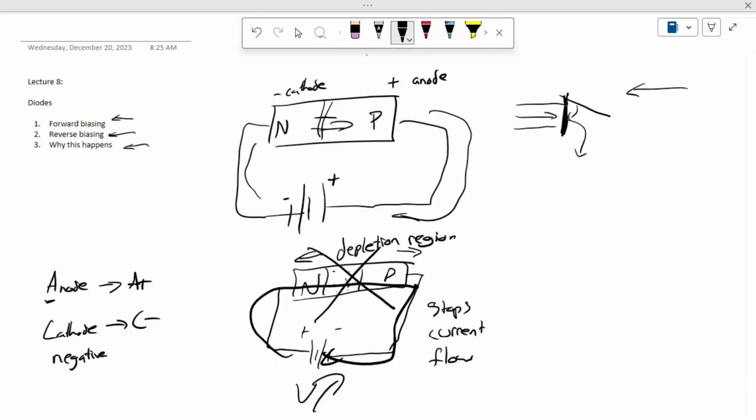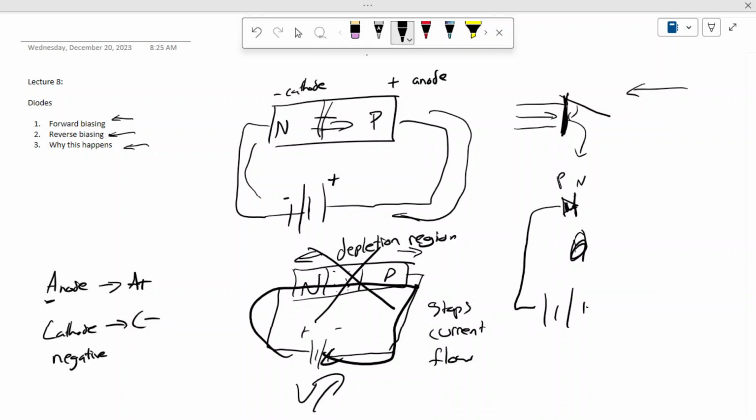So if we put this in a circuit, we would have a diagram like this. And I'm going to do it like this. We have a symbol for a diode that's a triangle with a line, and the triangle points, so that's the P side, and the line does not point, so that's the N side.